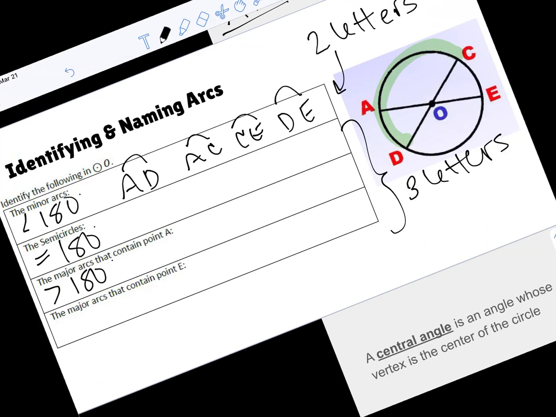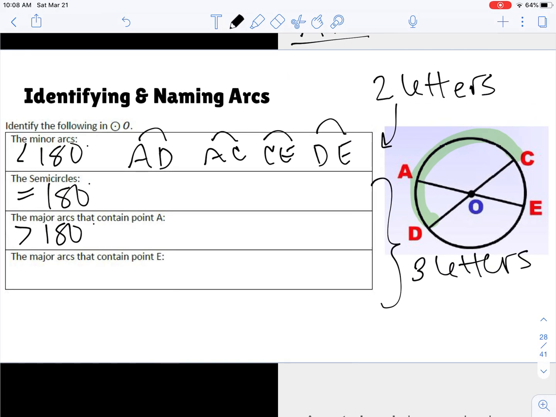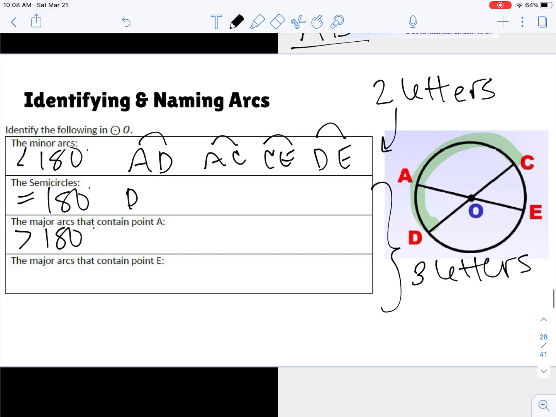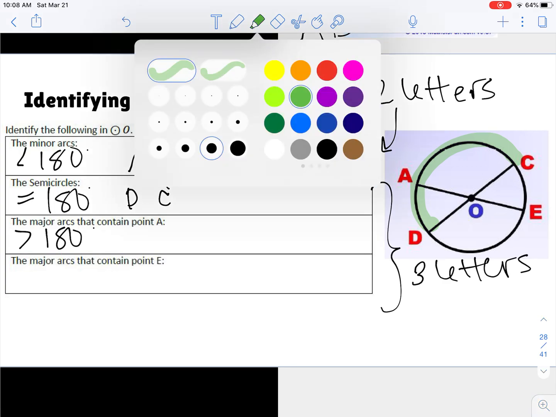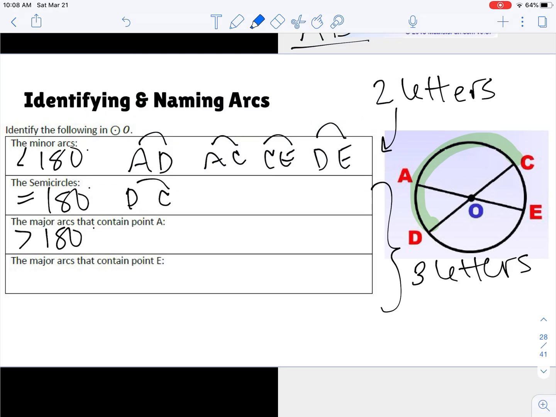If I just name arc DC, I wouldn't know which arc you're talking about. It could go D to C through the top part, the green part, or arc DC could also be this way in the blue part. I'm unsure of which one you're talking about when you just say arc DC.